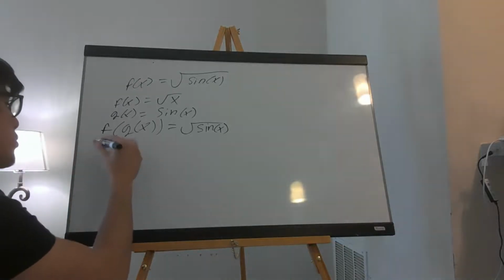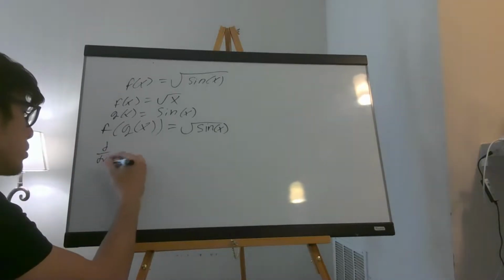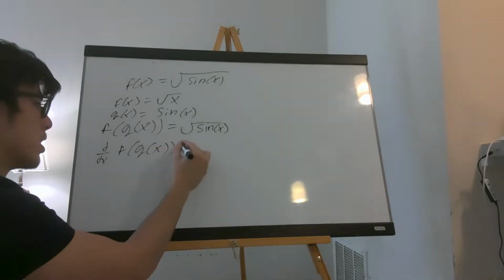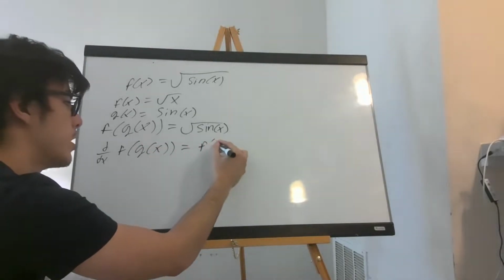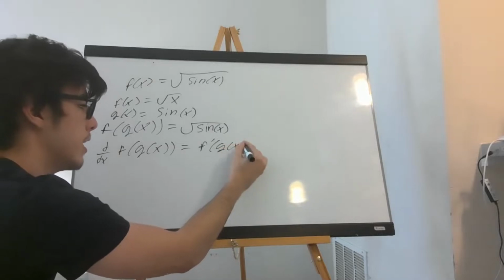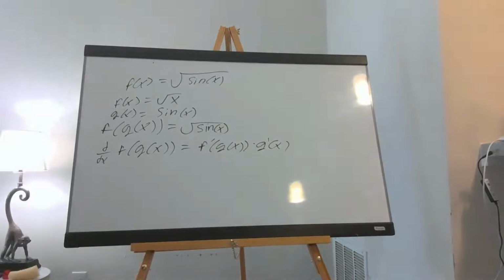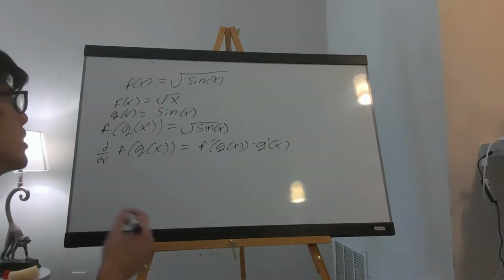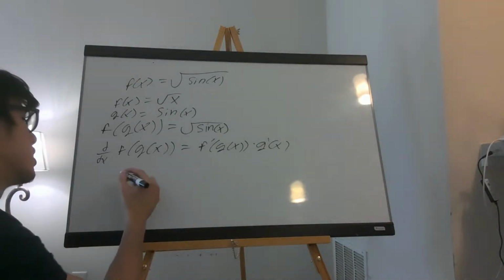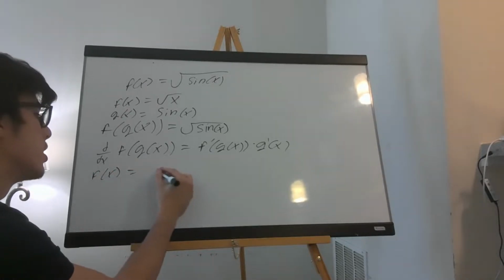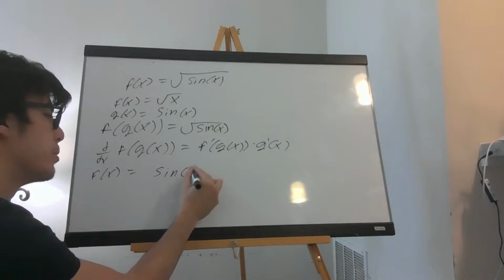If you guys remember, the way we take the derivative of something with the chain rule is like this: f prime of g of x times g prime of x. What that would look like here is we can rewrite the function as an exponent, which every time you see a radical, I would recommend you do.